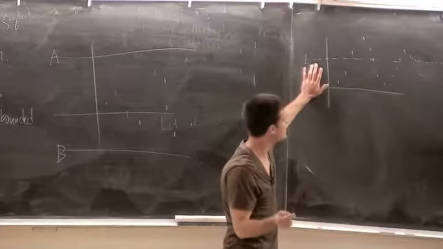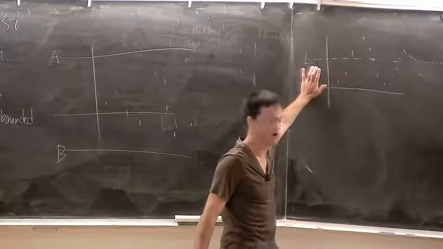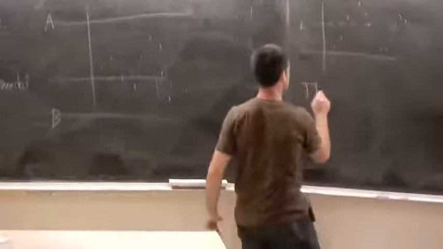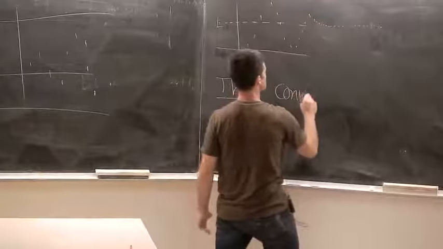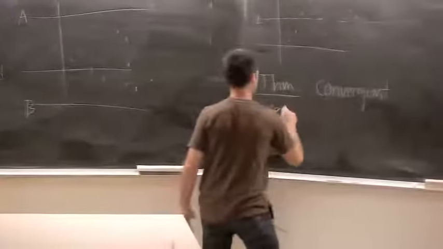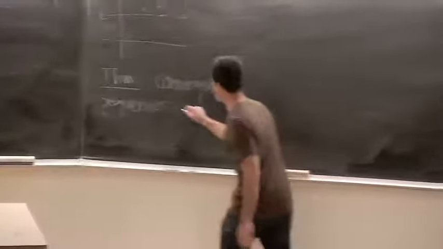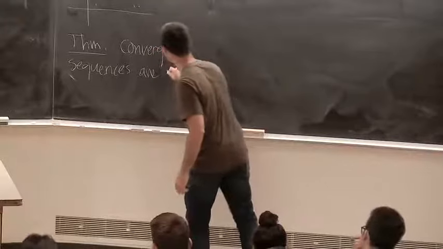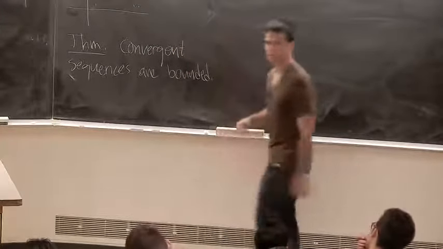If the sequence converges, it's automatically bounded every time. So, theorem: convergent sequences are bounded. Which, I mean, it kind of makes sense. If it converges, then it can't really bounce around too crazy.